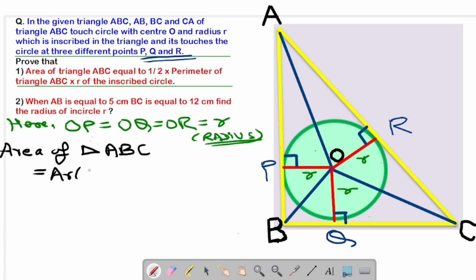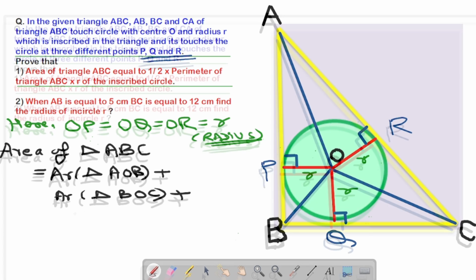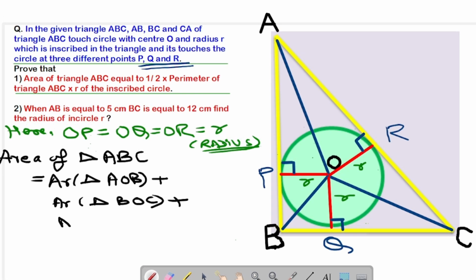Then the area of triangle ABC is equal to the area of triangle AOB, plus, what will be the second triangle on the base BC, that is the area of triangle BOC. This will be the second triangle, and the third triangle lying on the base AC is triangle AOC, right?